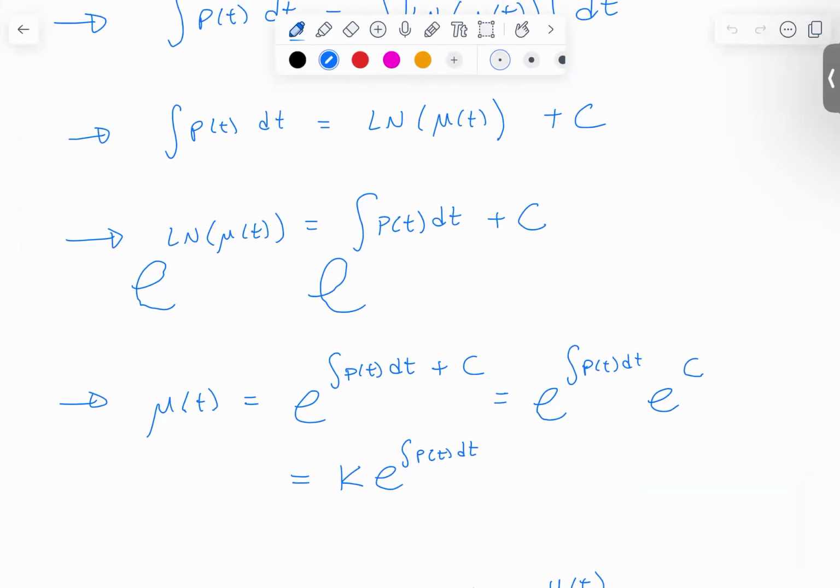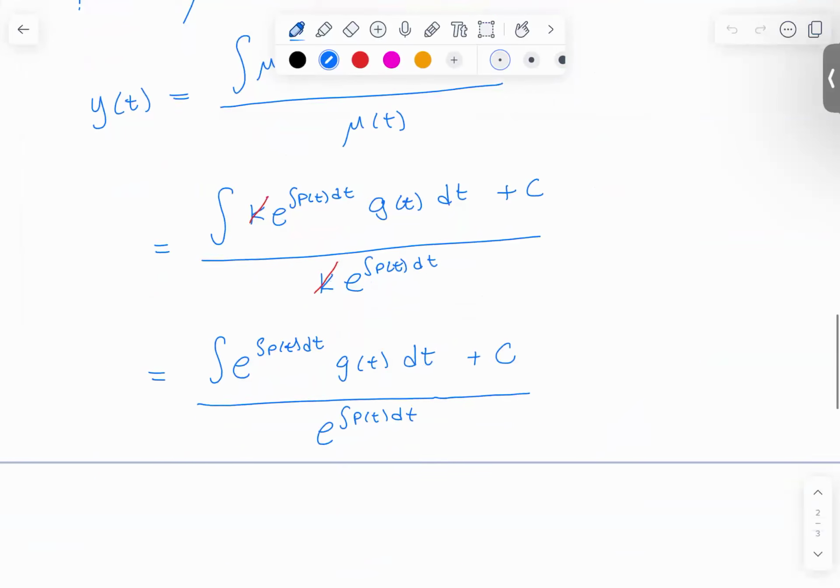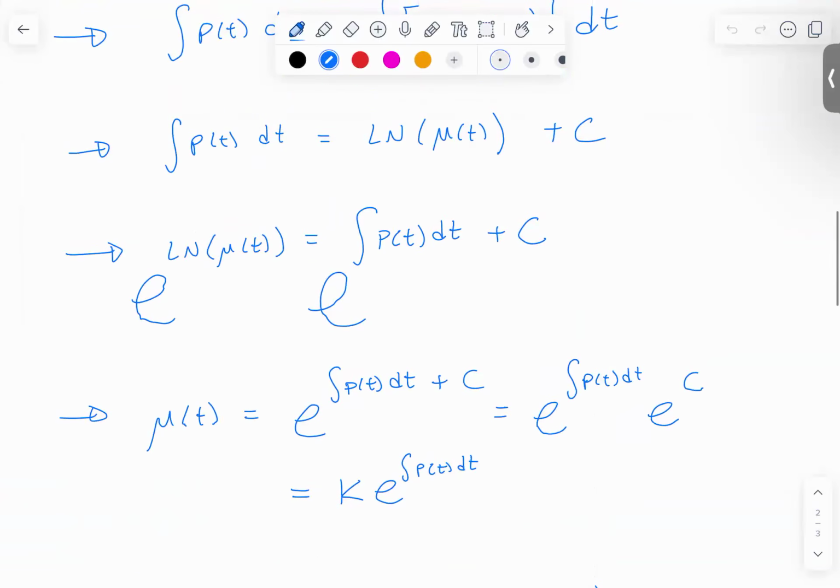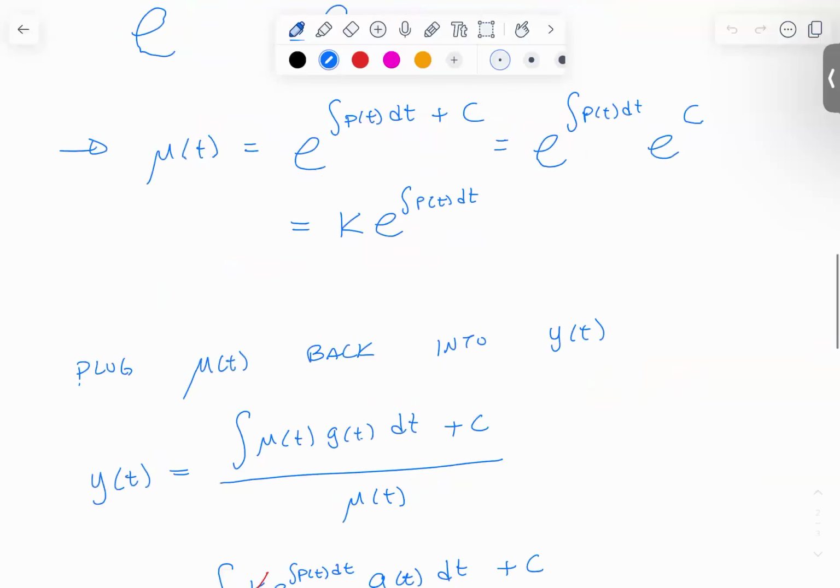Yeah, we canceled it. You're absolutely correct. At the end of the integral, this whole thing will have the plus C on. But for our integrating factor, no C. That was the whole point. We got this stupid K and we canceled it out.